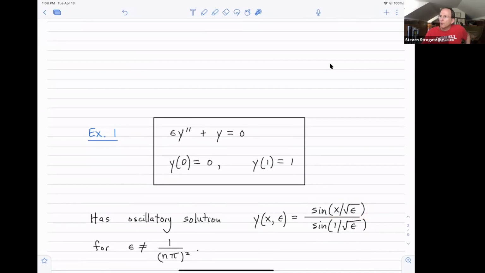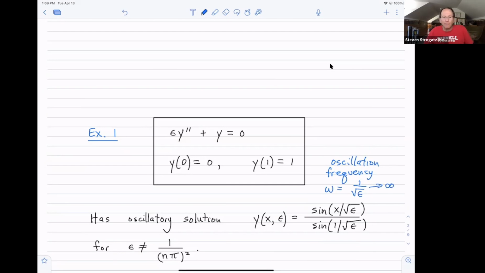So sine of x over square root of epsilon means that these waves are oscillating with the frequency of 1 over square root of epsilon. If I think of omega as the term multiplying the x, like a frequency, right? That's going to infinity as epsilon goes to 0.